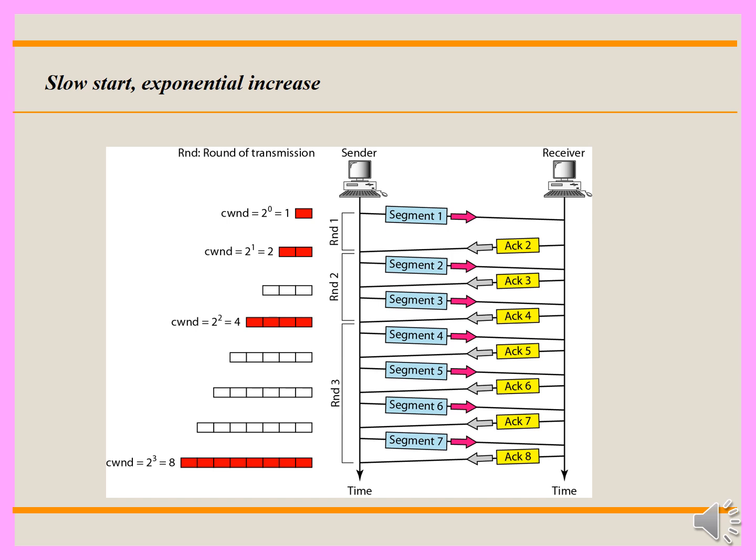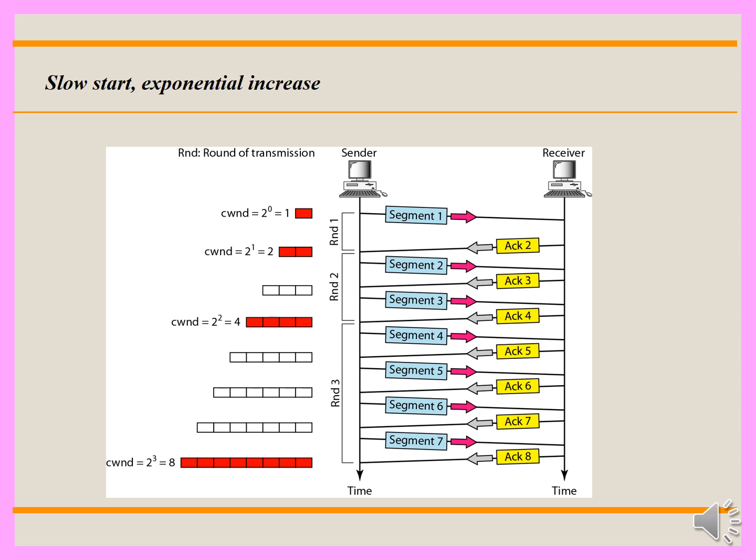Then in the second round CWND is 2 raised to 1, that is 2, and the second segment is sent. Now it is expecting the next segment, so acknowledgement 3, ACK3, is sent back. This way it slowly proceeds. It is based on the size of the congestion window. This mechanism starts with one maximum segment size.